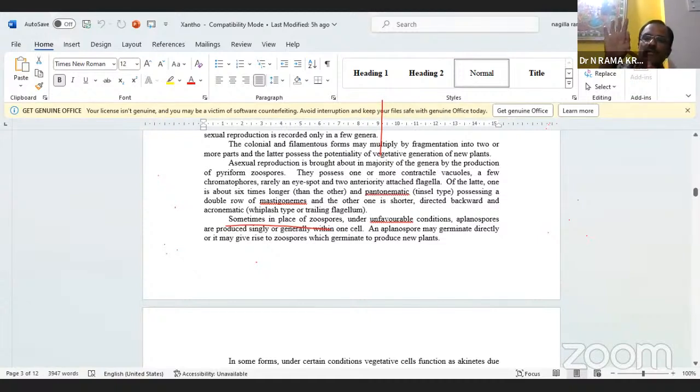In this area, one portion is going to develop as a male reproductive organ, and another section is going to develop as a female reproductive organ. The male reproductive organ we call antheridium. The female reproductive organ we call oogonium. Okay, so now you see here, this is the sexual reproduction system, the development of oogonia.